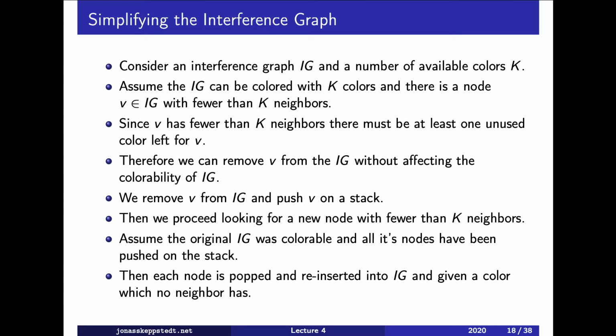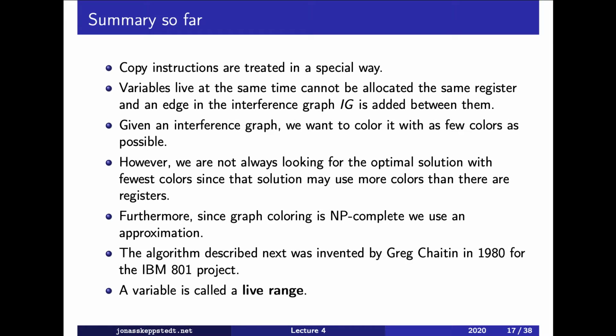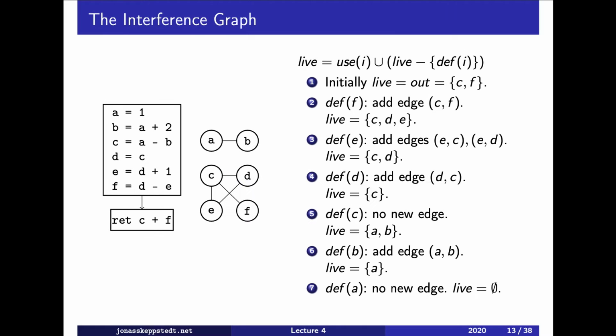So we will remove it and put it on a stack, and then we continue looking for other nodes with fewer than k neighbors. Okay, so let's look at the example we had before, namely this one. So assume we want to color it with k equals 3.